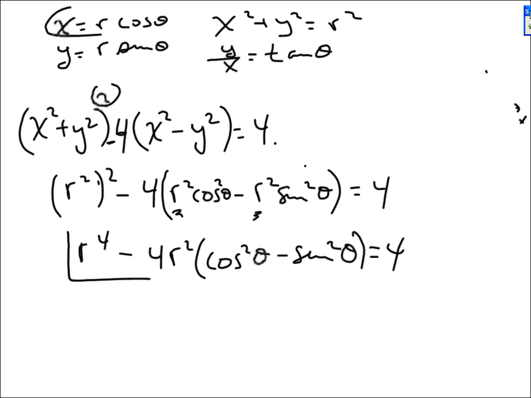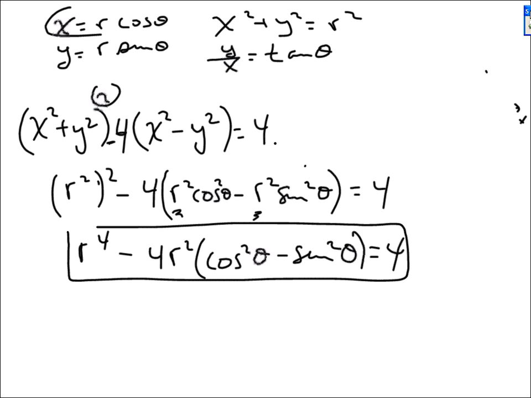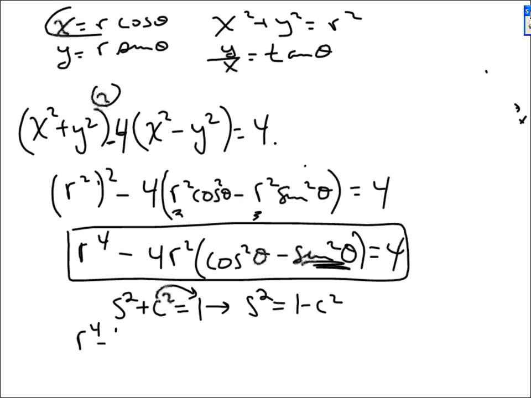Most students, I bet, would leave it like this. But remember that sine squared plus cosine squared is 1. So if you bring this over to the other side, you learn that sine squared is 1 minus cosine squared. So for that sine squared, I'm going to put 1 minus cosine squared. You have r to the 4th minus 4r squared times cosine squared theta minus all of 1 minus cosine squared theta.